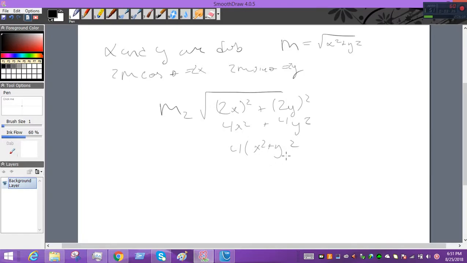The square root of 4 is 2, so you end up with 2 times the square root of x squared plus y squared. To find the factor it increases by, call this m1 and the new one m2: m2 over m1 equals 2 times the square root of x squared plus y squared over the square root of x squared plus y squared. These cancel out, and that equals 2. So it doubles. If the x and y components both double, then the resultant vector as a whole has doubled.